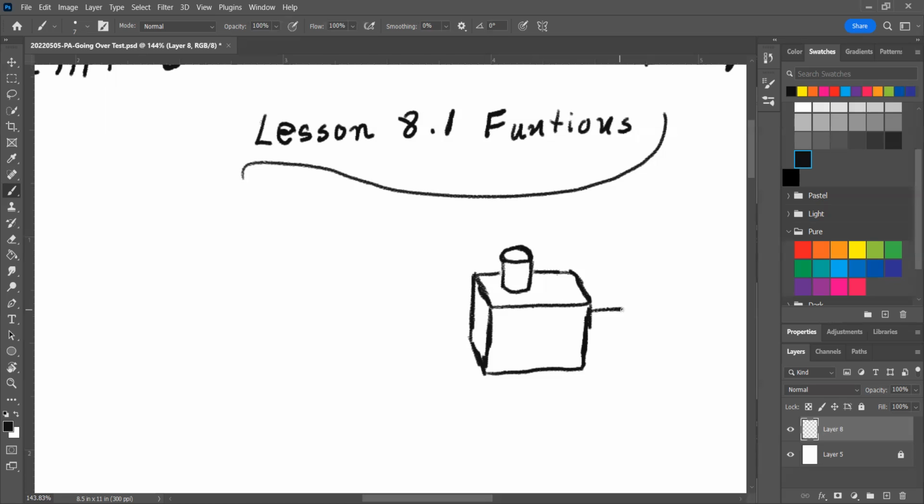Okay. In the function machine, we put data in here. A data set. What is a data set, you think? Yes, thanks, snarky man. But what does that mean?